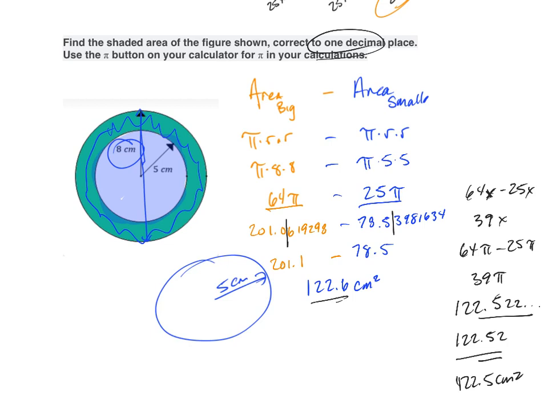Well, so if I take 201.0619298 minus 78.53981634, then I get this.